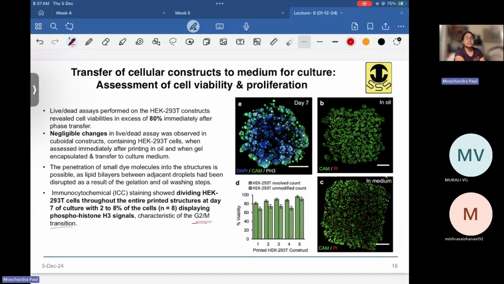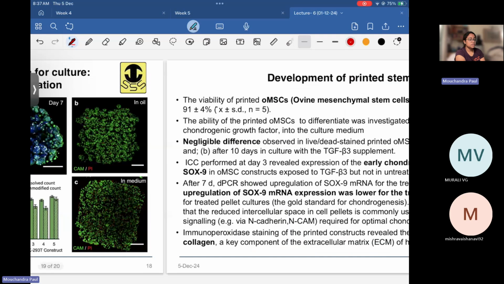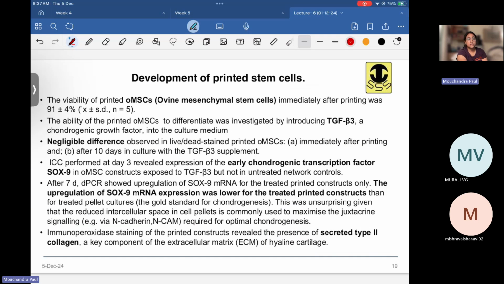It didn't affect the cell's ability to proliferate, because you see the biomarker for phosphohistone H3, the biomarker for the G to M transition of the cell cycle, is present in 2 to 8% of the cells. So that shows that the cells are in the dividing stage. So that's good, their technique works well. It doesn't hamper the basic function of the cell, that is to live and proliferate.